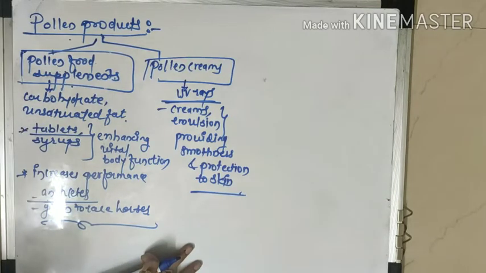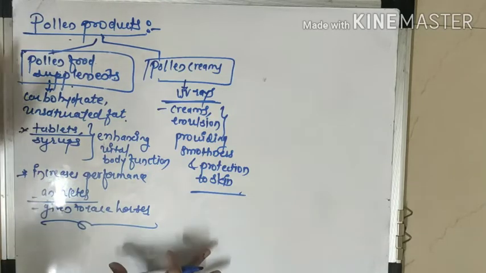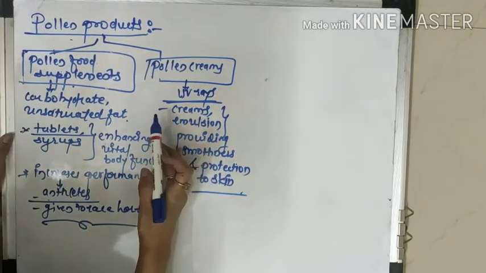It helps in the vital functioning of our body. They enhance the capacity of vital functioning of our body. Not only that, it also increases the performance of an individual. That's why they are generally used by athletes. Not only athletes, these pollen food supplements are also given to race horses.